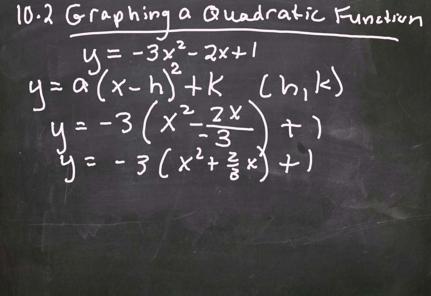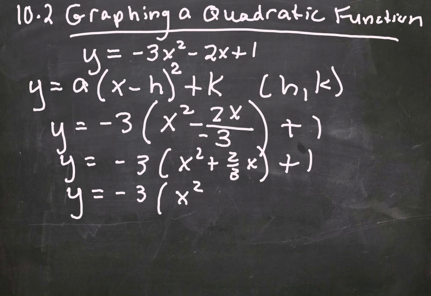Now, the completing the square part, you take the coefficient of your x term, which is 2/3. We need to take half of that and square it. And then we add it to this part of our function that we're working with. And that can be really confusing. So I understand how completing the square is not the funnest thing for some.